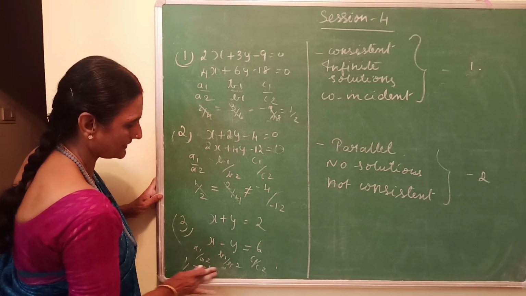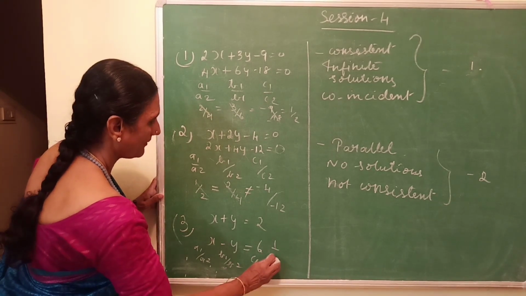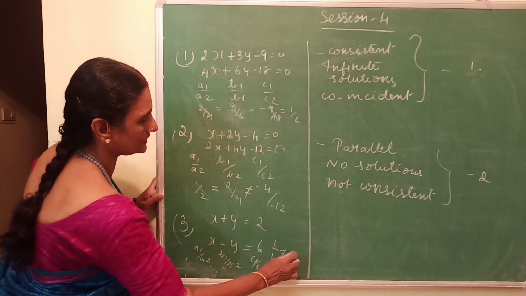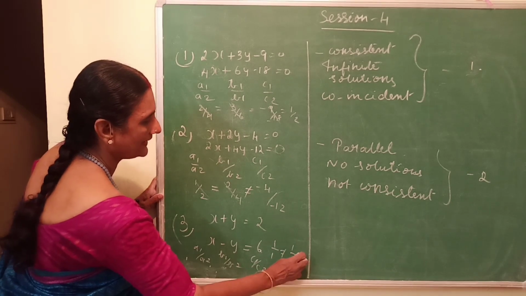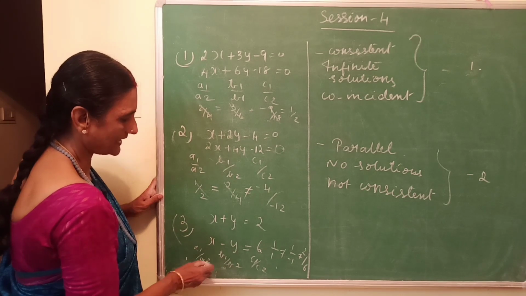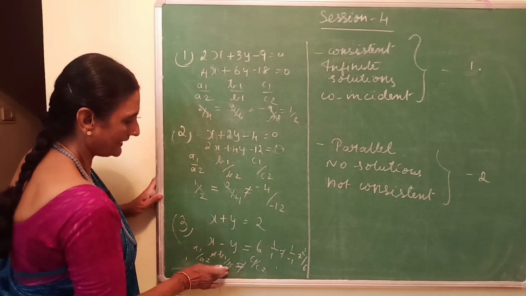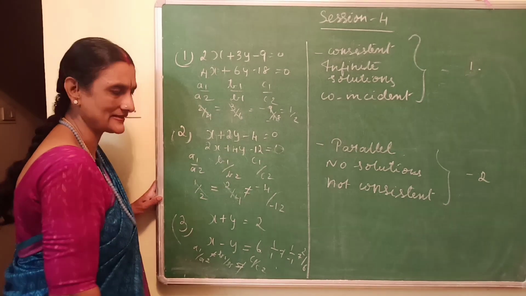So a1 by a2 is not equal to b1 by b2 is not equal to c1 by c2.